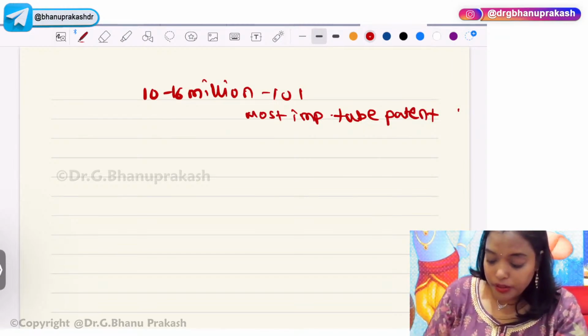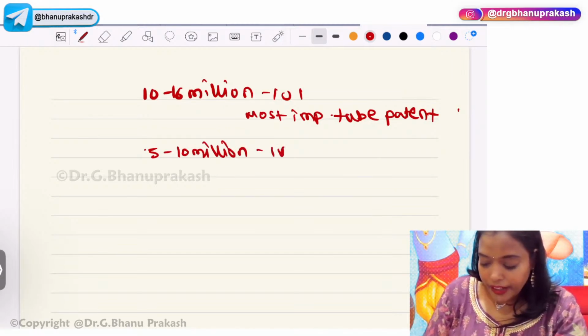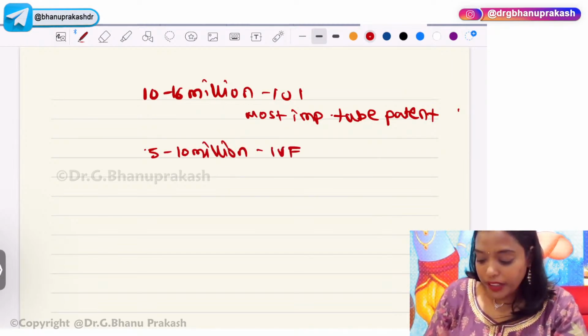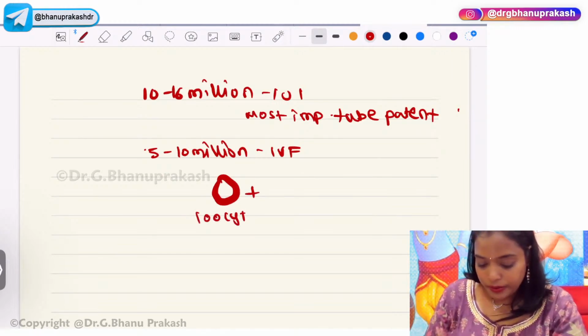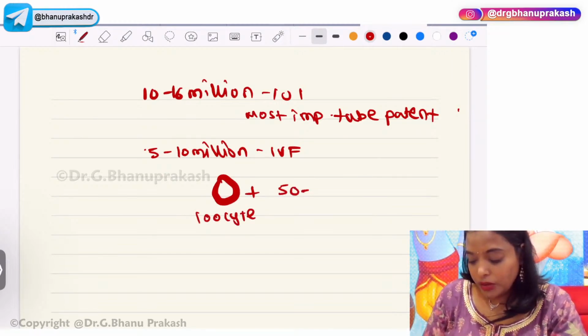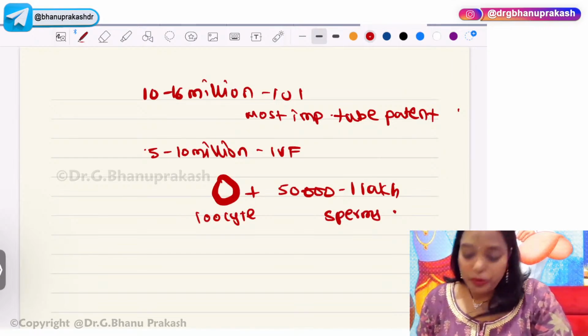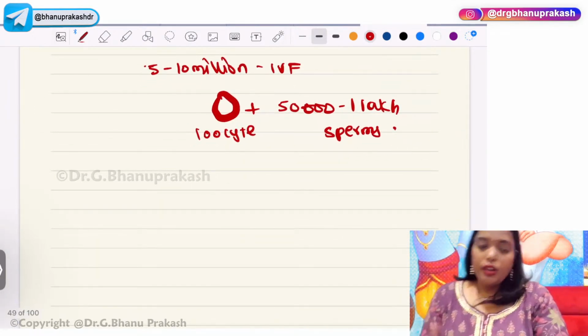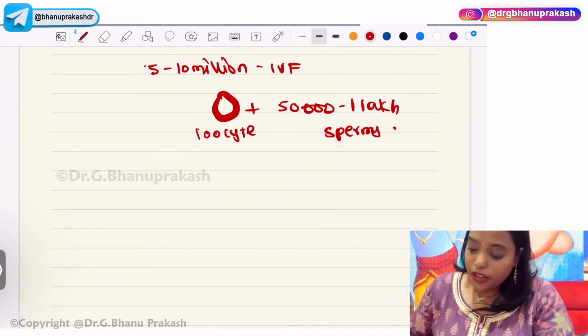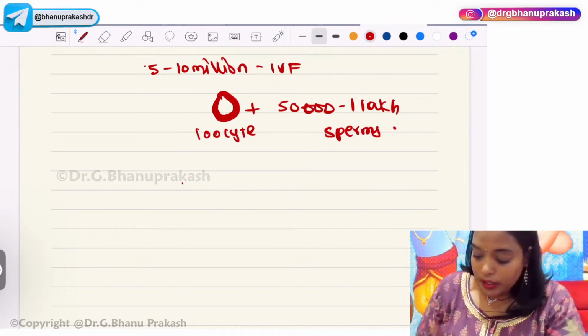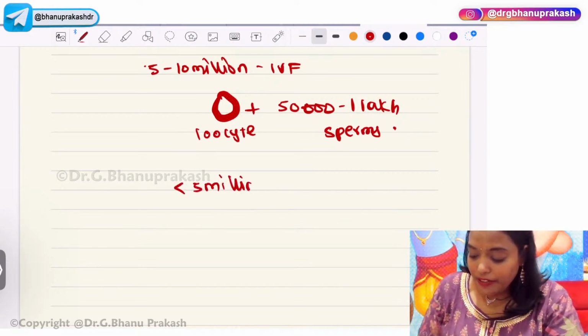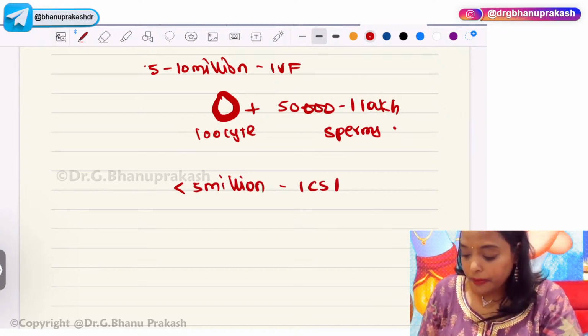When sperm count is between 5 to 10 million, you go for IVF. In IVF, one oocyte is kept with 50,000 to 1 lakh sperms. Less than 5 million, you will go for ICSI.